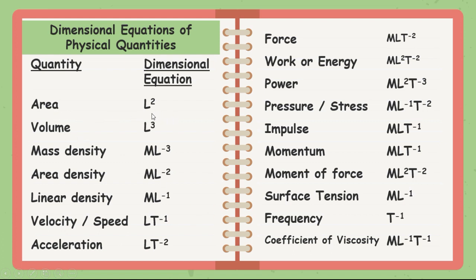Area has the dimensional equation L squared. Volume, L cubed. Mass density, M L exponent negative 3. Area density, M L negative 2, and so on and so forth.